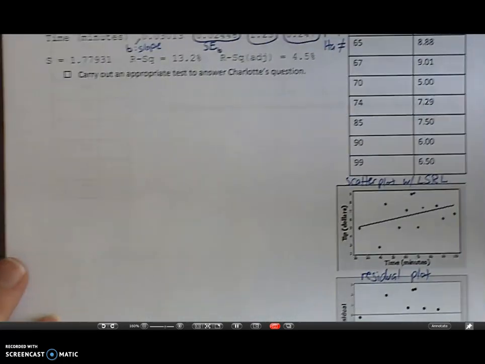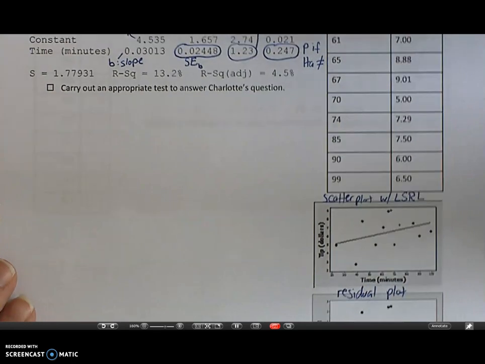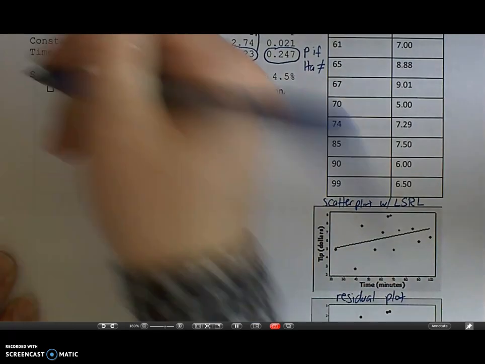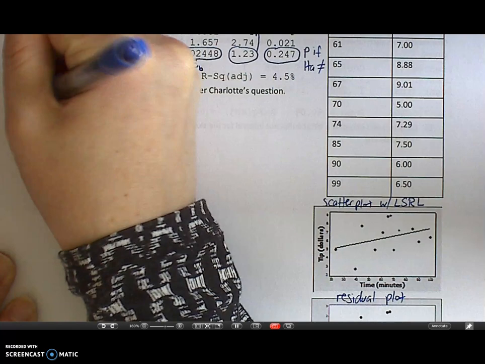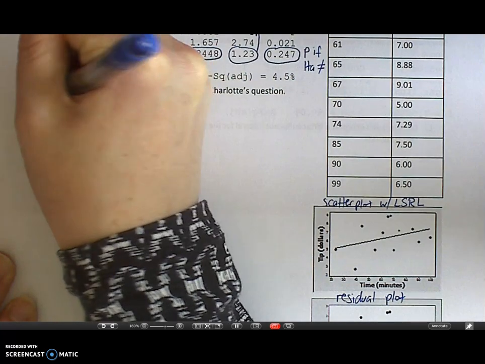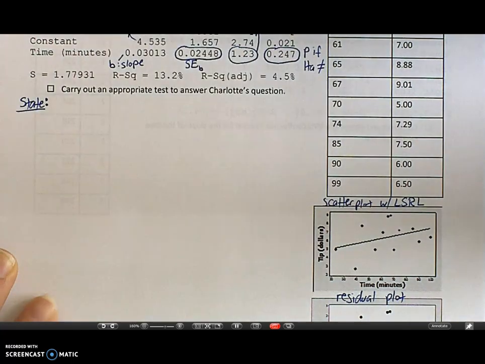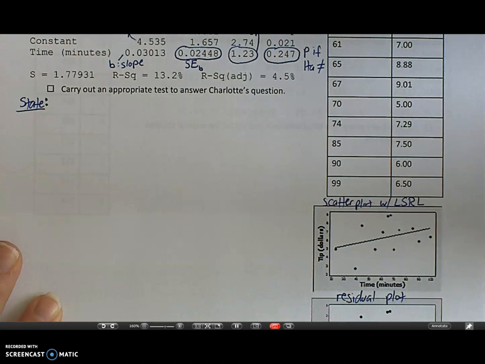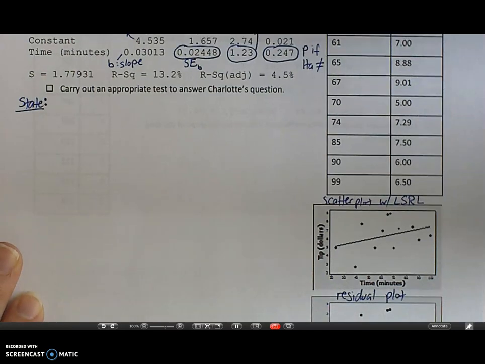Okay, let's dive right in. We are doing our 4-step process, just like normal. So first step is going to be to state. When you are stating in a 4-step process for a significance test, which is what this is, we need to say what our hypotheses are, define our parameters, and also say what level of significance.